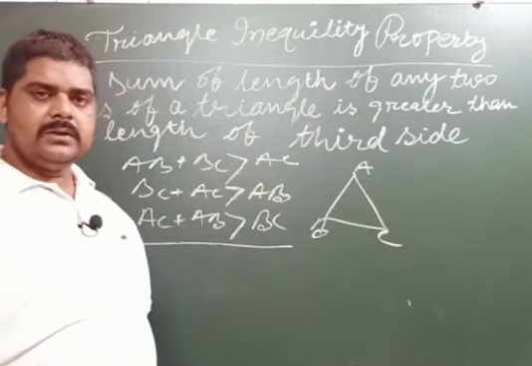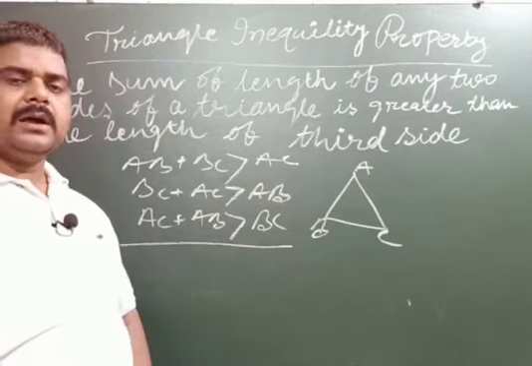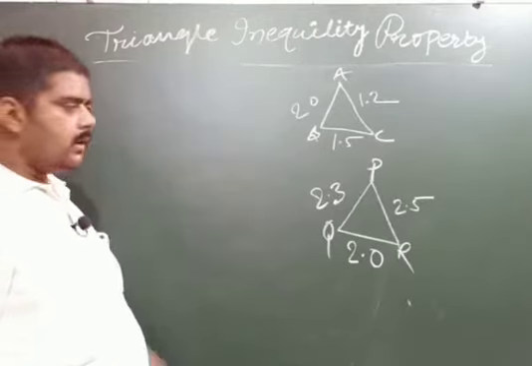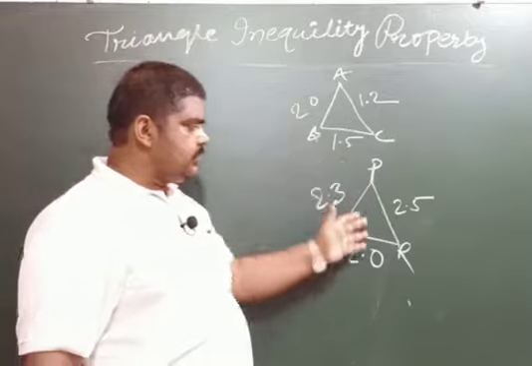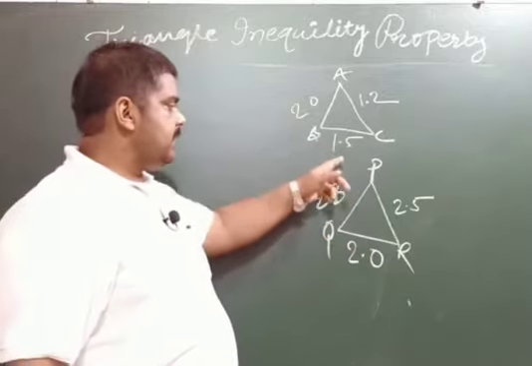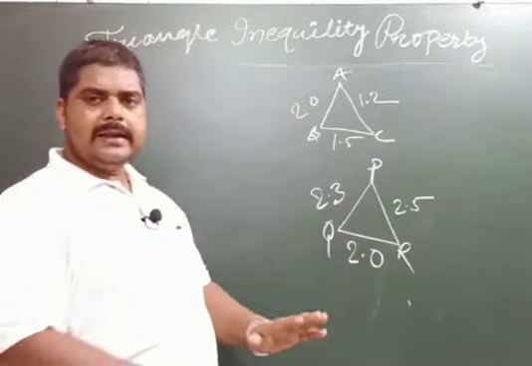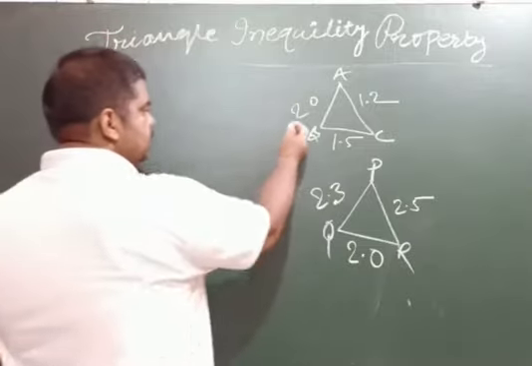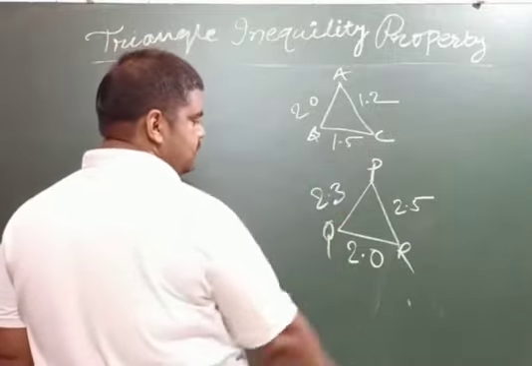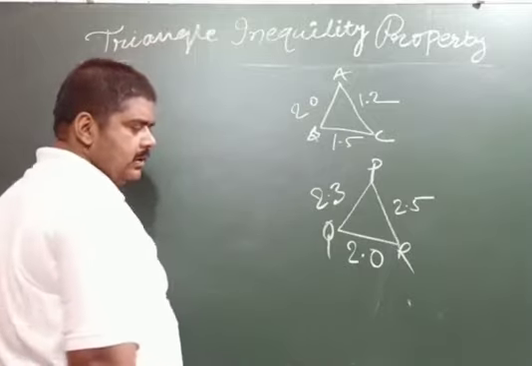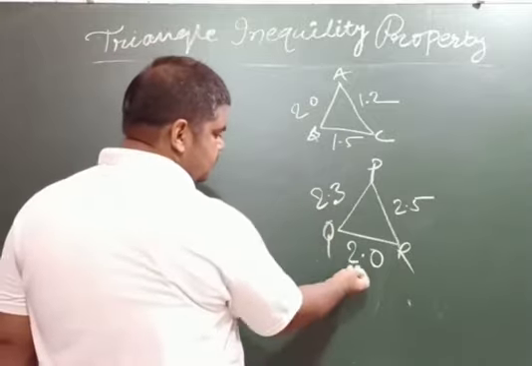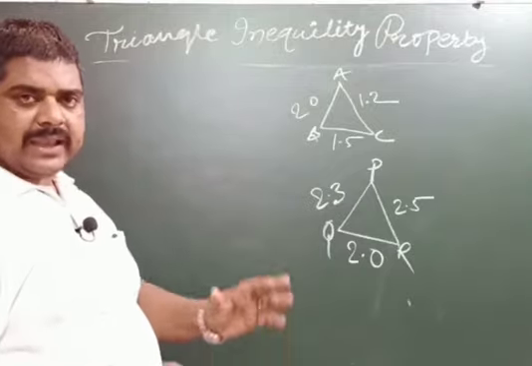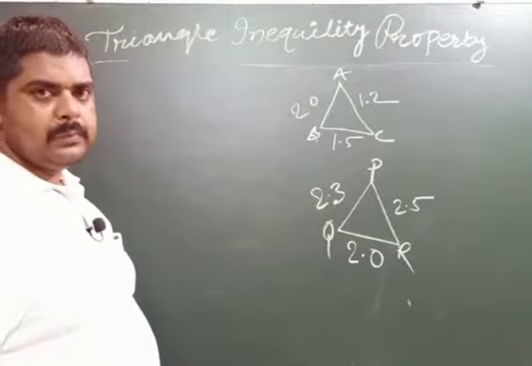For example, I have taken two triangles ABC and PQR with lengths given in units: 2 unit, 1.5 unit, 1.2 unit, and in the other, 2.3 unit, 2 unit and 2.5 unit.